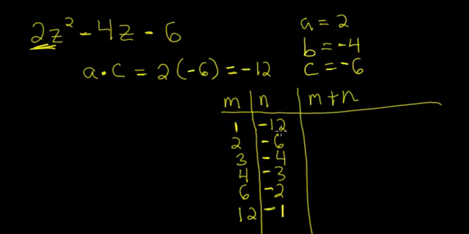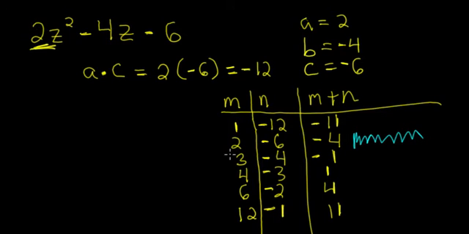So I'll add these together. It gives me negative 11, negative 4, negative 1, 1, 4, 11. Now I want the pair that adds up to B. So it's going to be this one here.